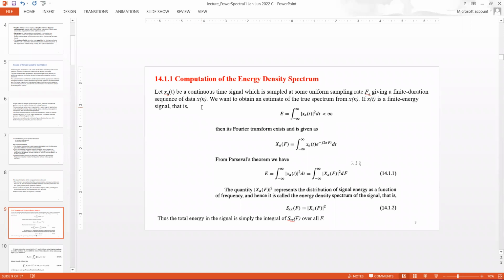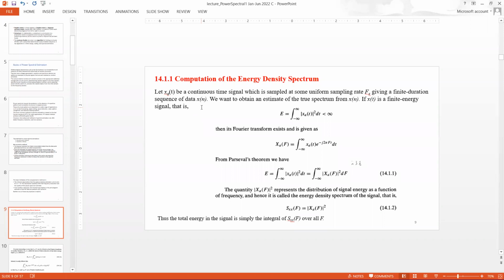Here |Xa(f)| represents the distribution of signal energy as a function of frequency, and it is called the energy density spectrum of the signal. That is Sxx(f), the correlation function of the signal, equal to |Xa(f)| whole square.